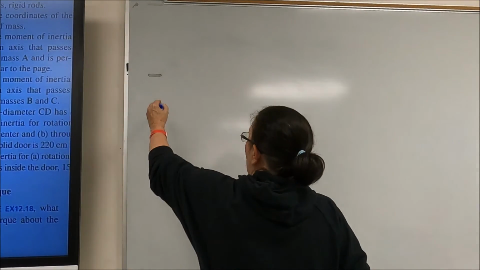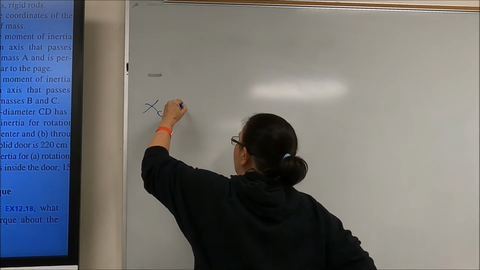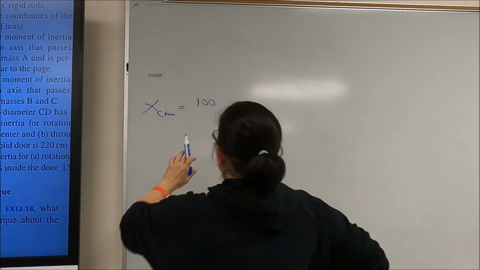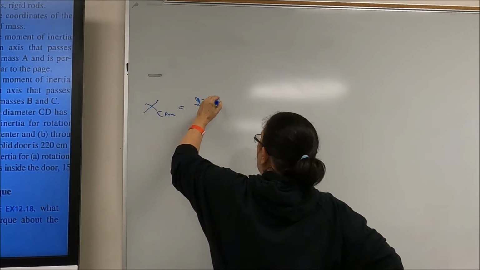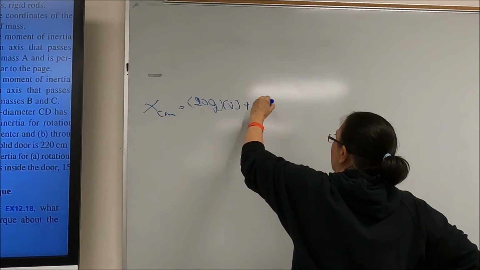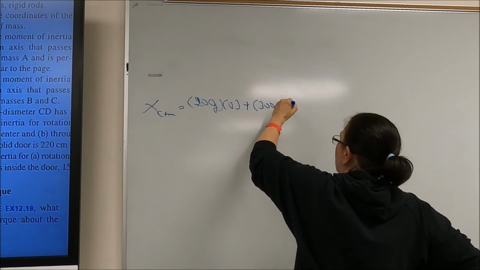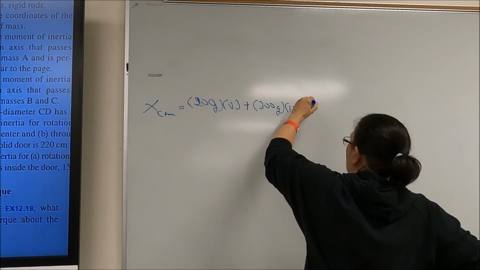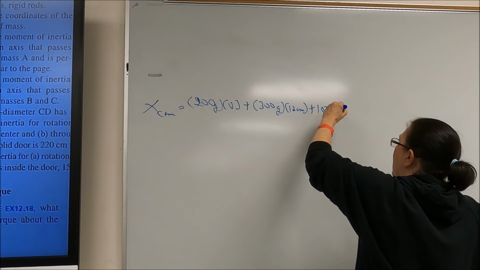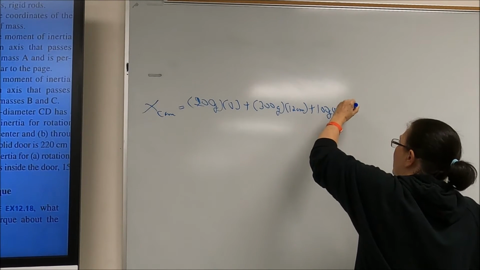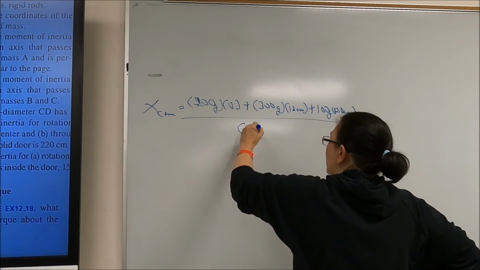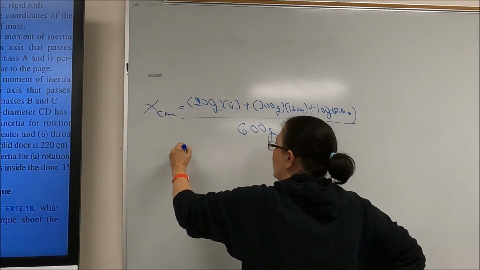So x of the center of mass is going to equal 200 grams times 0 plus 300 grams times 12 centimeters plus 100 grams times 12 centimeters, divided by the total mass, which is 600 grams.